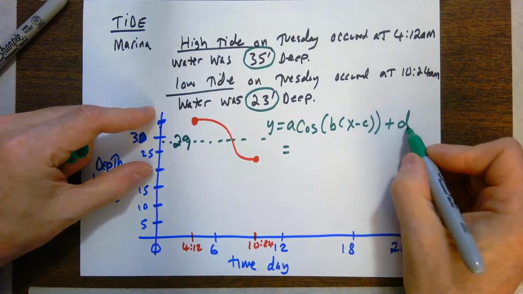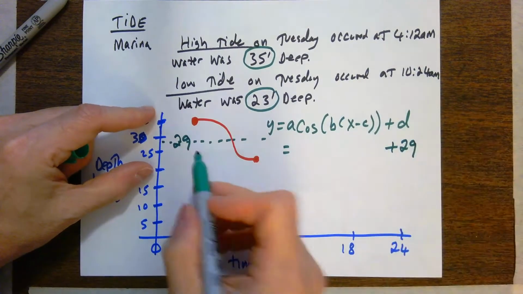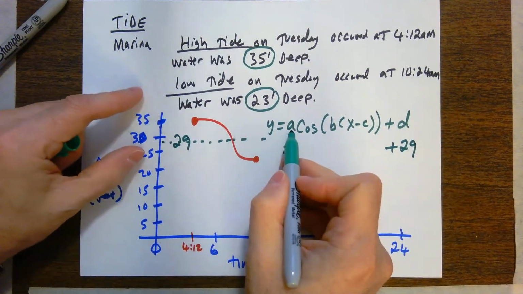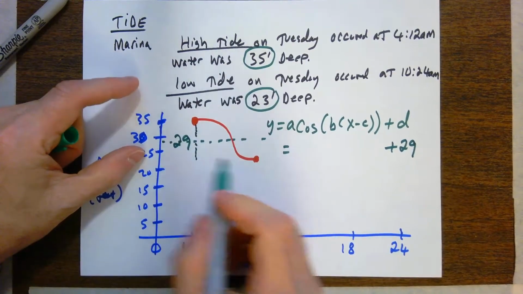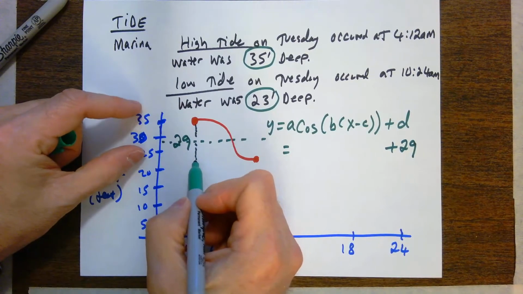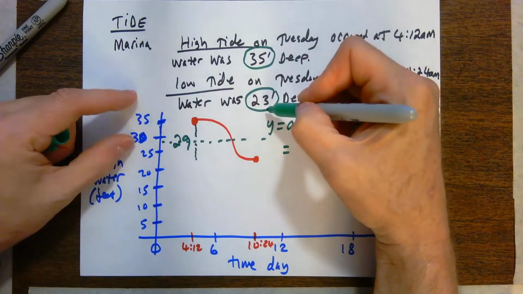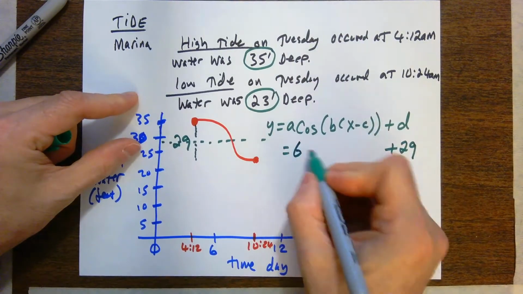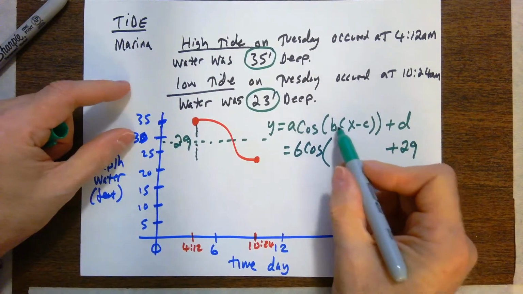So actually that's my D value. I just found out my D value. That's 29. My amplitude is how far above and below. How far above am I going and how far below am I going? Well, I go as high as 35 and as low as 23. So I'm going 6 above and 6 below. There's my A value. 6 times the cosine of, all right, here's where it's going to get a little hard.